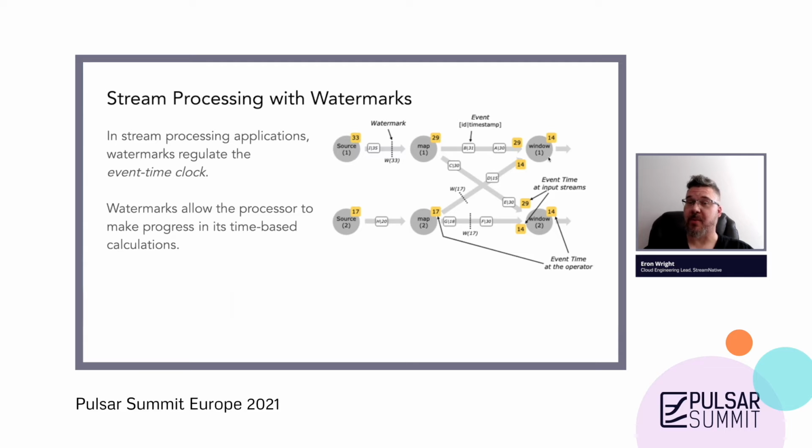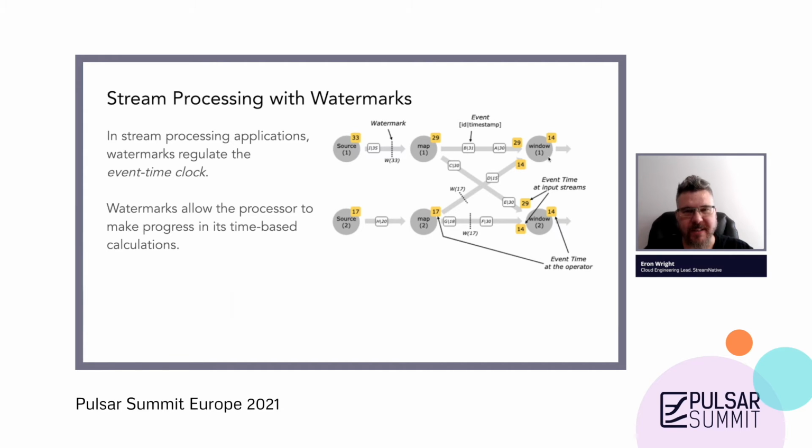Often those operations are time-based. For example, you might use a time-based windowing operation that aggregates information into time buckets. For example, you might want to create an hourly summary of some information.